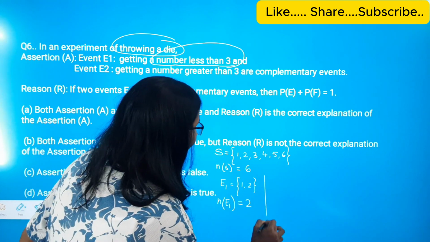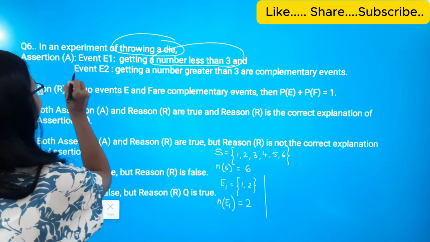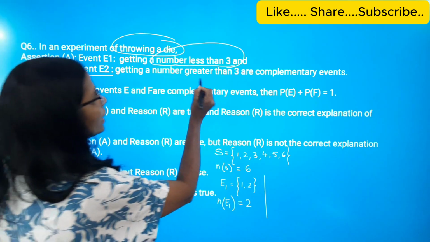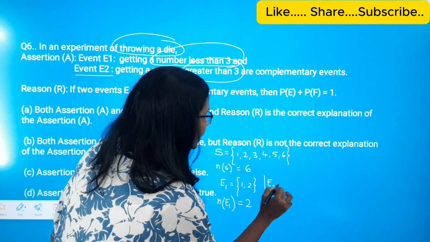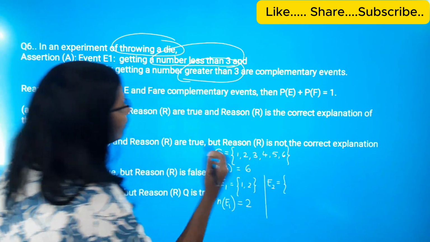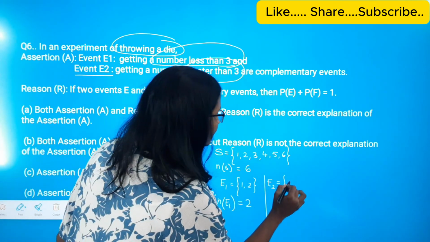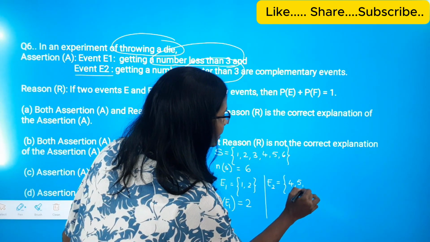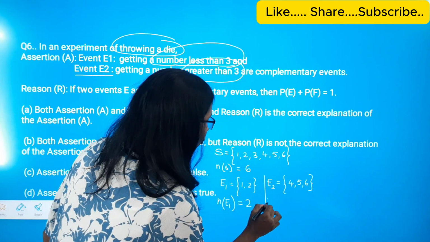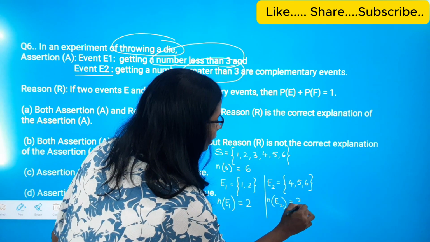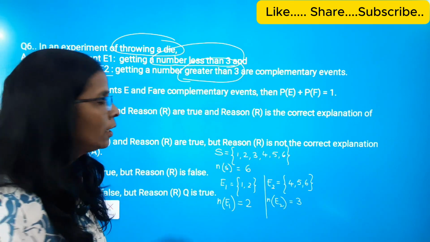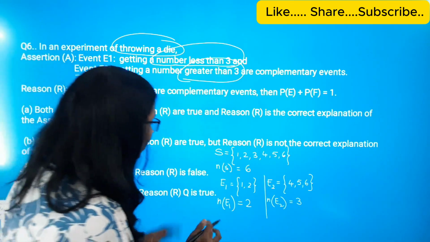And then the next one is the event E2, getting a number greater than 3. So this set E2 consists of 4, 5, 6, three elements. So n of E2 is equal to 3.